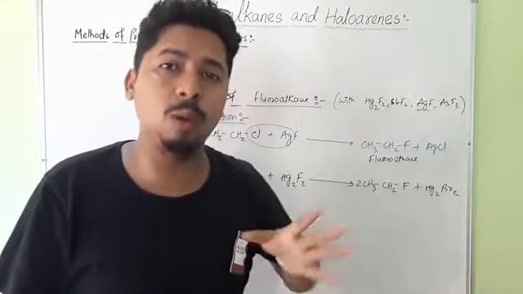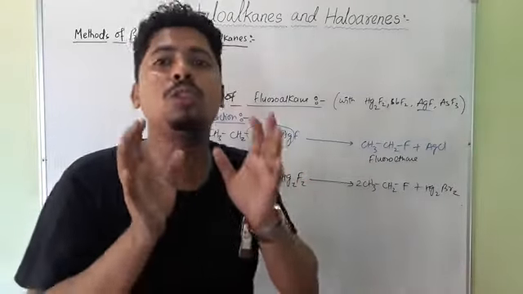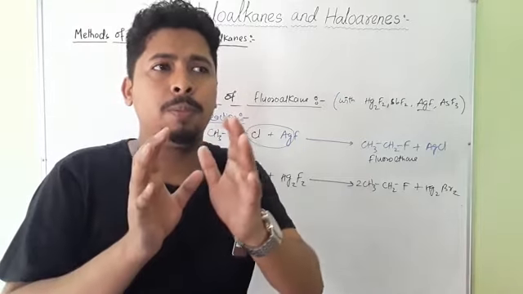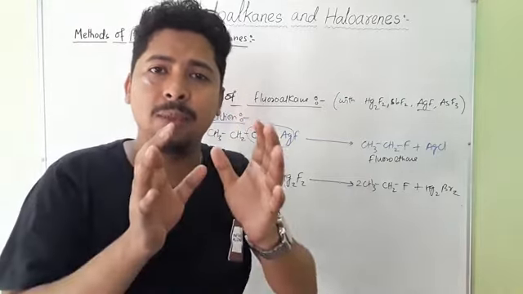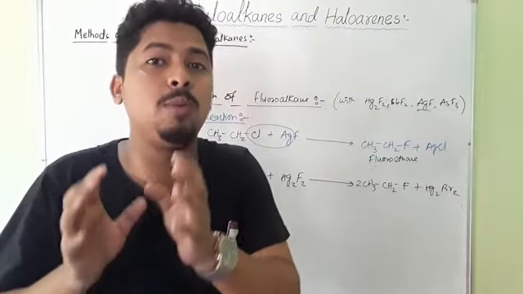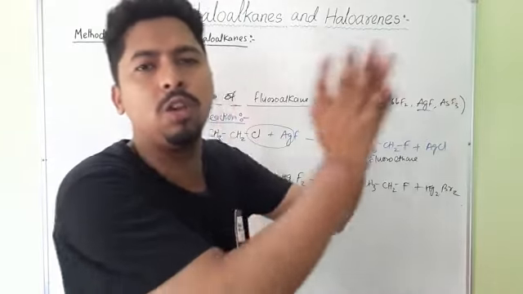We have seen the mechanism of this reaction. After that we discussed the preparation of chloroalkanes. These can be prepared from alcohol by treating it with HCl, or with PCl5 or PCl3, or with thionyl chloride, SOCl2, which produces the corresponding chloroalkane.